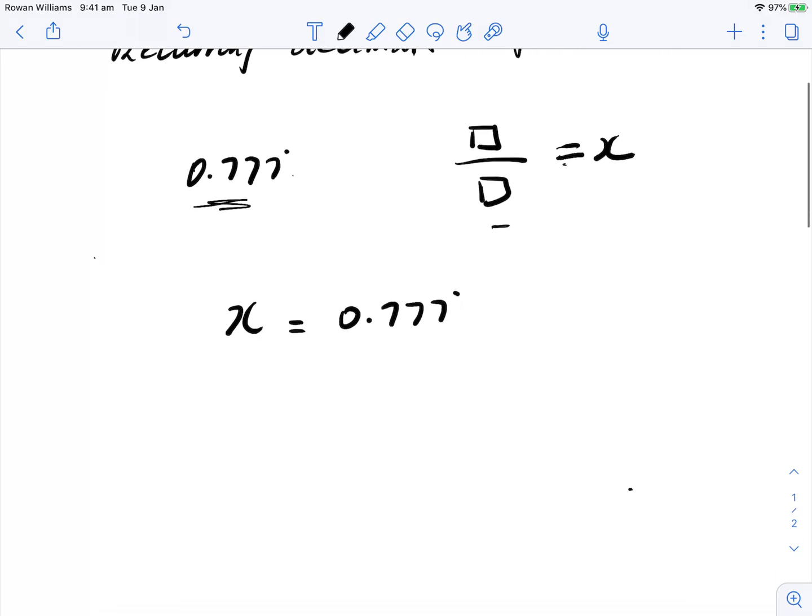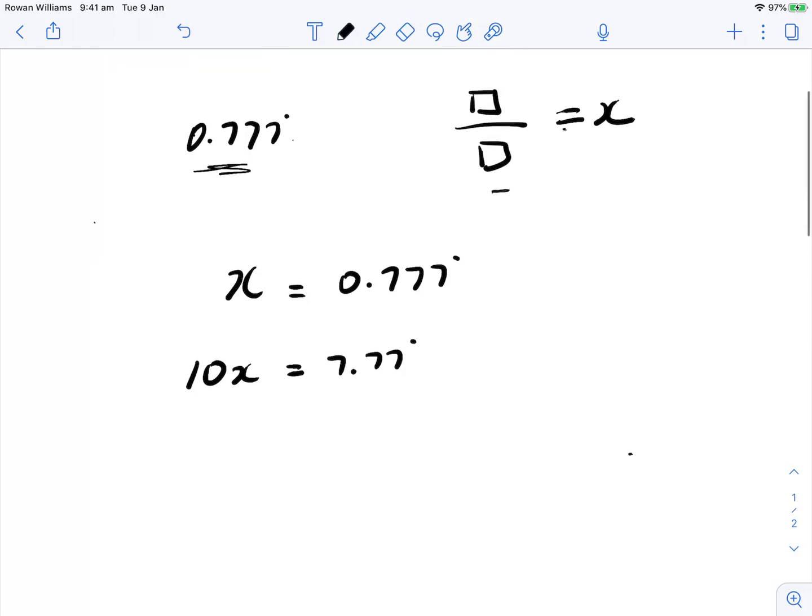And the trick is that if this is x, then 10 times x, or 10x, would equal 7.77 on and on forever. I just shift that decimal place one spot when I times something by 10. And that means that I can now do something a little bit tricky, because to have a fraction, you've got to have just a whole number on the top and a whole number on the bottom.